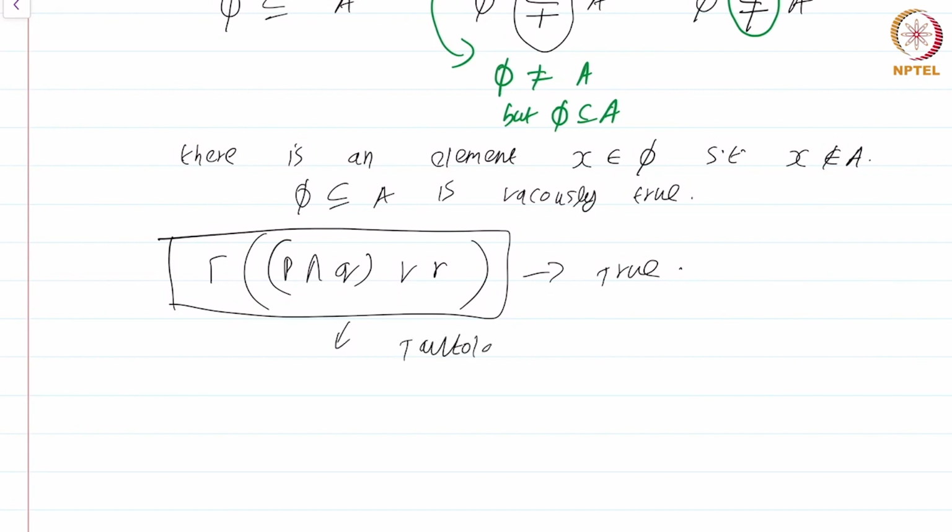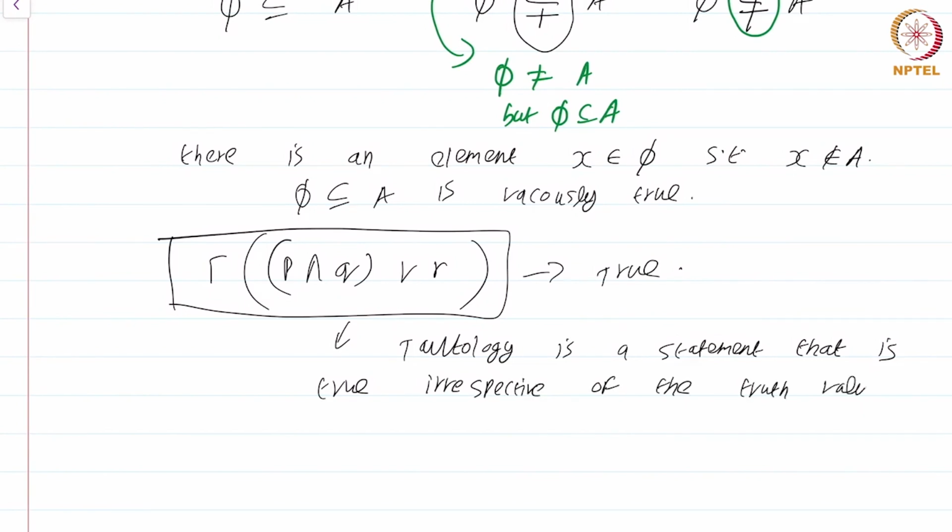A tautology is a statement that is true irrespective of the truth values of the individual constituents.